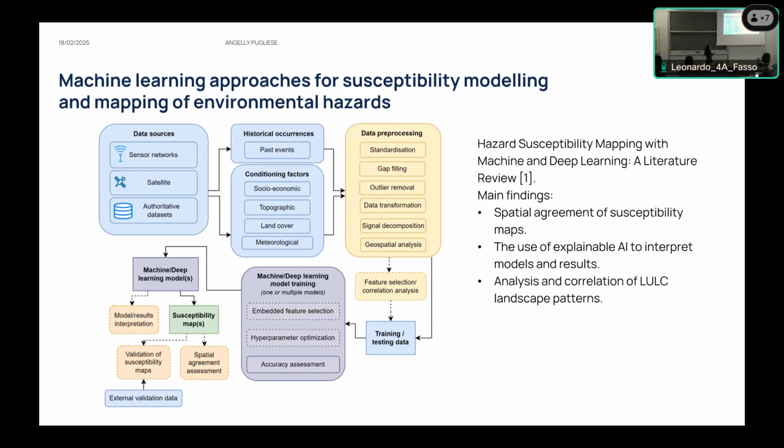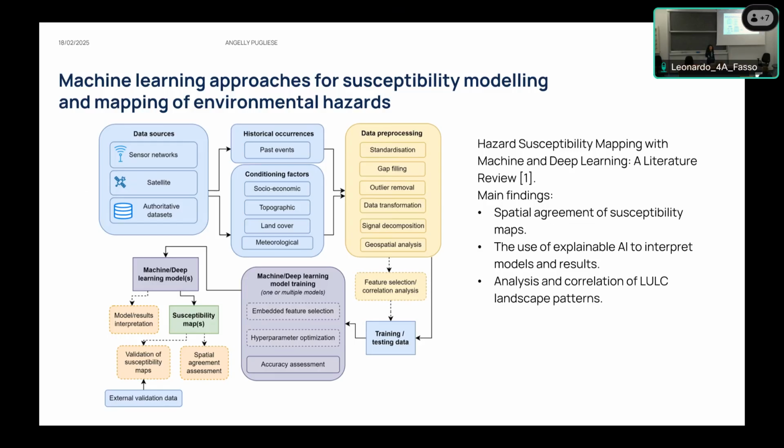If we put it into a modeling approach, the historical occurrences are going to be our target variable, while the conditioning factors are the independent ones. The conditioning factors, depending on the hazard, are going to be socioeconomic, topographic, land cover, or meteorological factors.